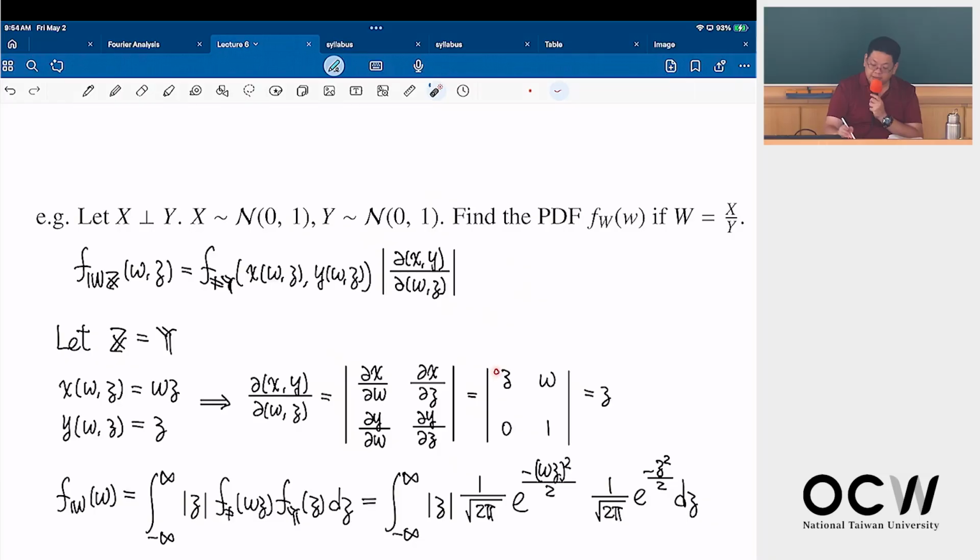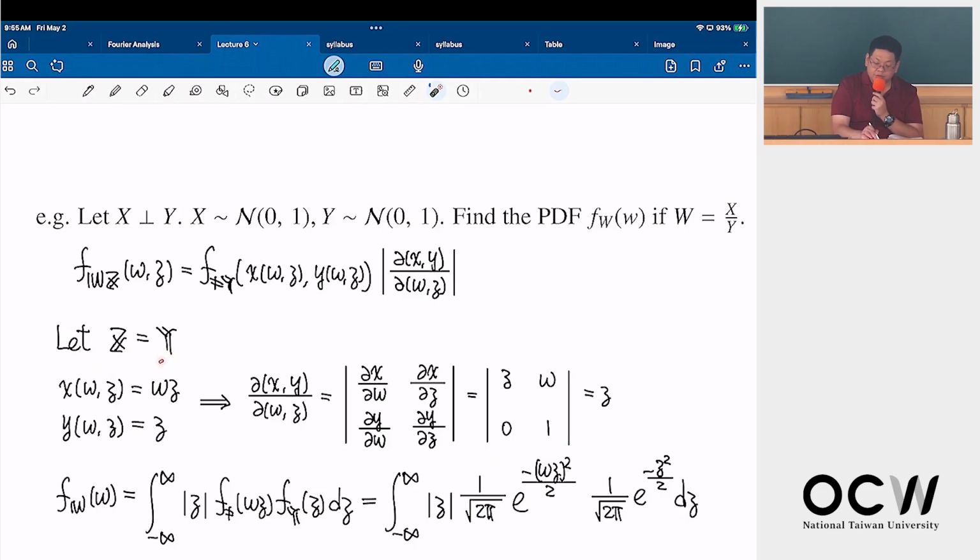If I let z equals y, I can make one of the elements inside the determinant equal 0. So I can get a better Jacobian, which makes it easier to find the PDF. So that's why I choose z equals y.